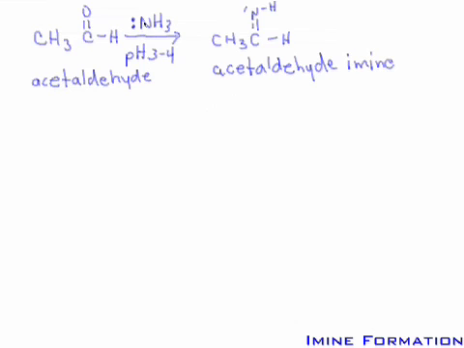And when I see imine, I know to replace the double bond O of the aldehyde with the double bond NH. The problem with acetaldehyde imine is that it's unstable. And imines with hydrogen off of the nitrogen readily polymerize, start linking together, producing long chains.